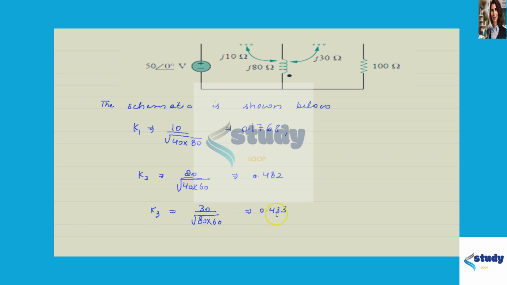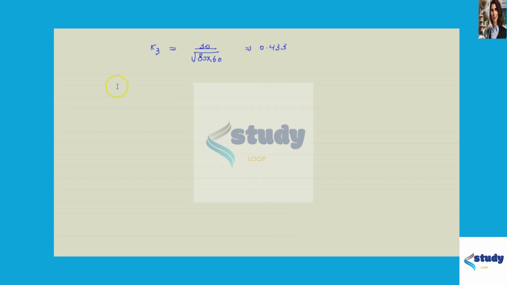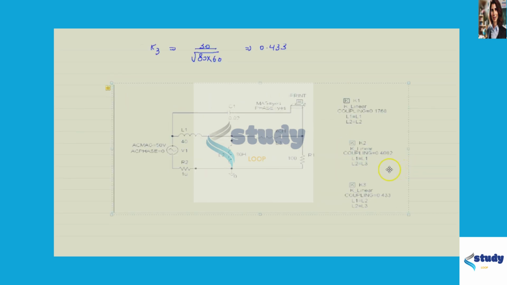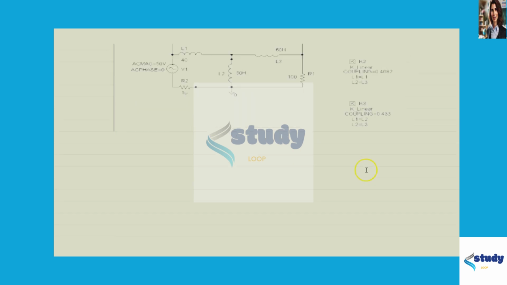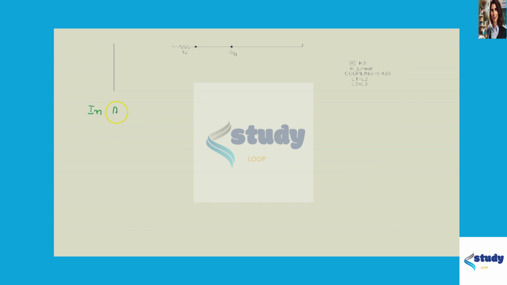Now we will solve this by AC sweep box. Now we will draw the AC sweep box. This is the AC sweep box. We have to solve this. In the AC sweep box, we set total points.